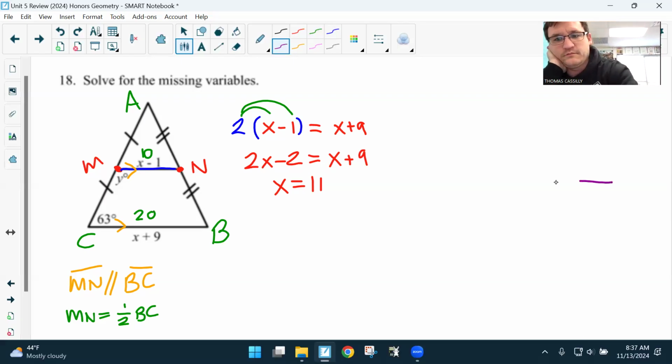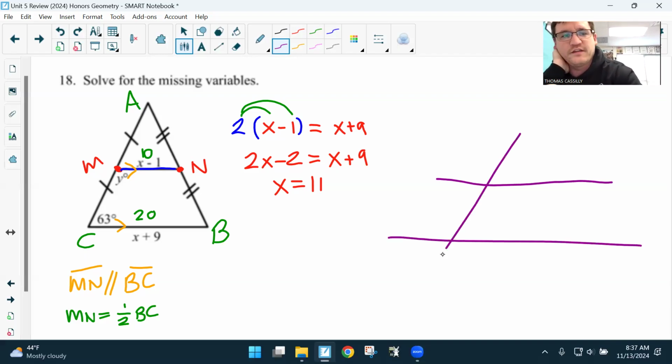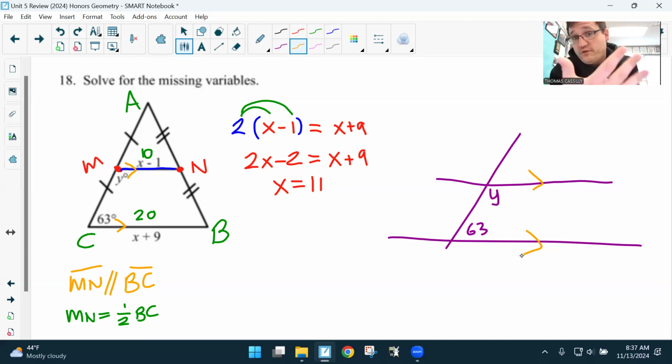Now, the next one, solving for y. Here's what I'm going to do. These lines are parallel. I'm going to pretend that I drew some straight lines there. This is angle y. This is a 63-degree angle. Now, parallel lines. What do we remember about parallel lines? This is a Unit 2 idea. We had alternate interior angles, alternate exterior, same side interior, same side exterior, and corresponding.